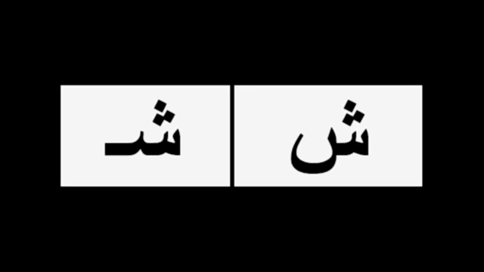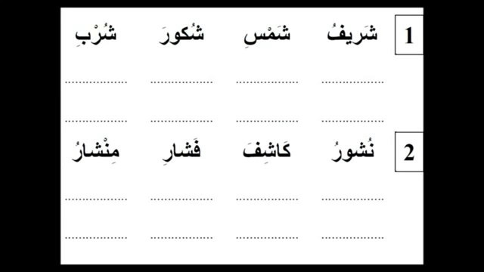So we'll just go on. We'll have 4 rows of practice with the sheen. Now you do your practice, pause your video, do them, then we'll go through them together.